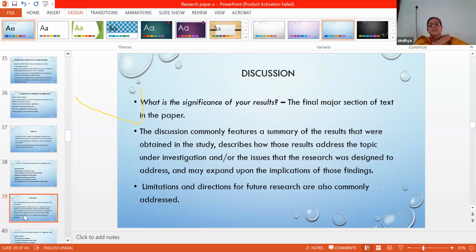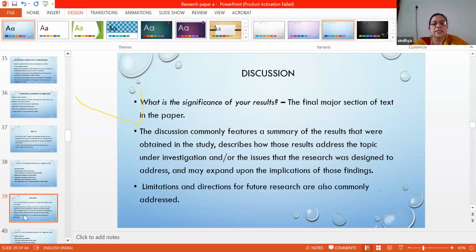So what is the significance of your results? The final major section of the research paper is the discussion of the result. It features a summary of results, how these results address the topic under investigation, or the issues that the research was designed to address, and may expand upon the implications of those findings.